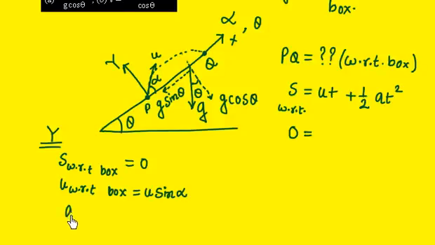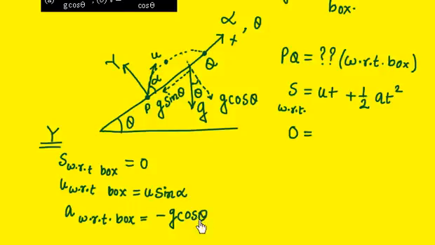But the acceleration with respect to the box in the y direction: the box is not moving in this direction. But the acceleration of this stone or projectile in the y direction is basically a free fall case. So the acceleration will be g cos theta, but it is in the negative direction, so I have to write this as minus g cos theta.